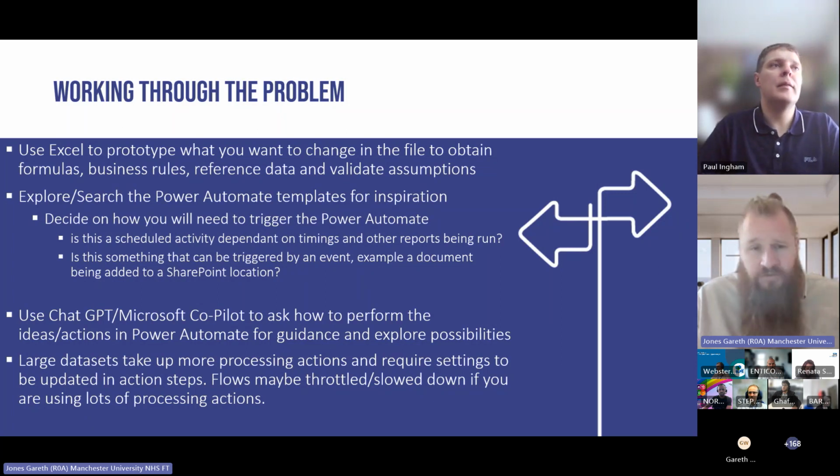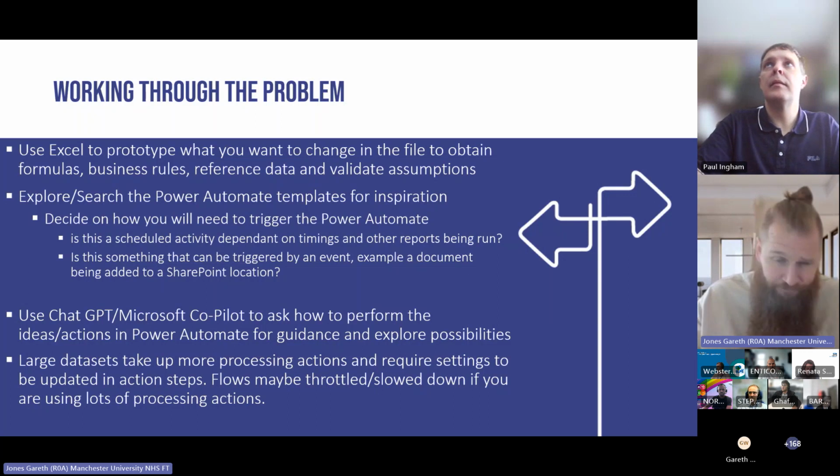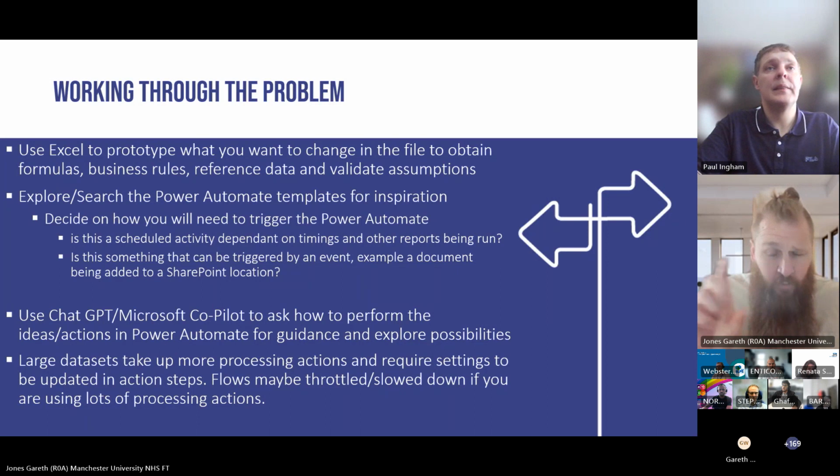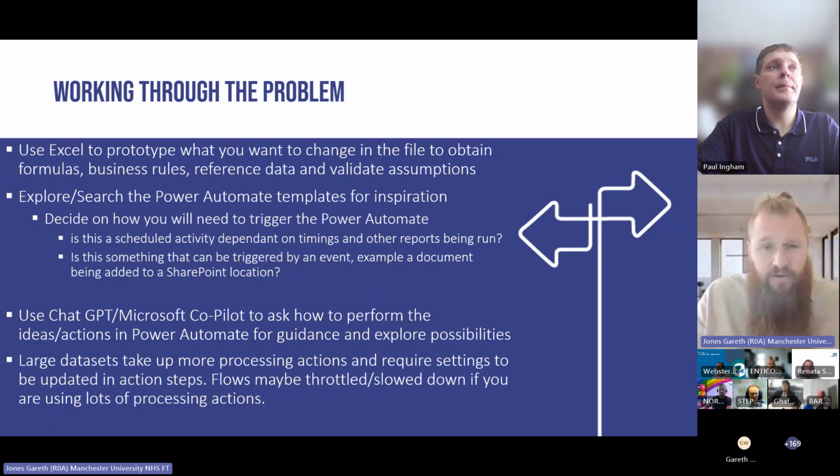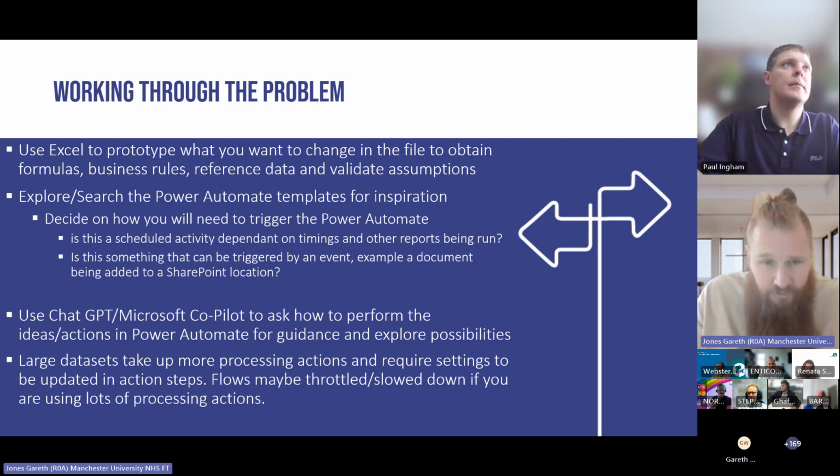And just in terms of terminology, it's worth noting that what we're referring to as an automation is actually called a flow in Power Automate. So if you see a button that says flow in your other Microsoft Office applications, it is giving you the ability to create a Power Automate automation.